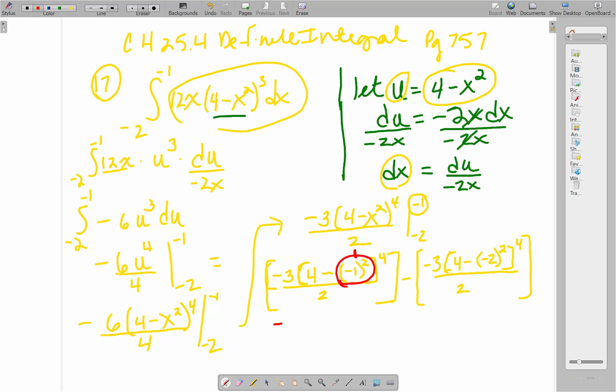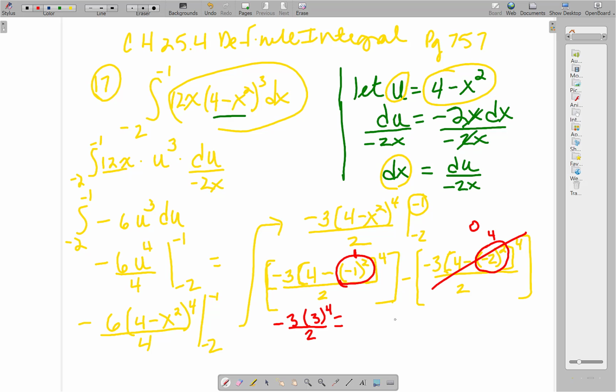So now we have -3 times 3 to the 4th over 2 minus, let's start with this. What's -2 squared? It'd be 4. 4 minus 4 is 0. So all of this is gone. Thank goodness. So we have minus 0.